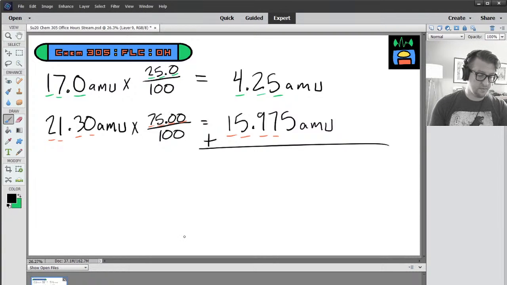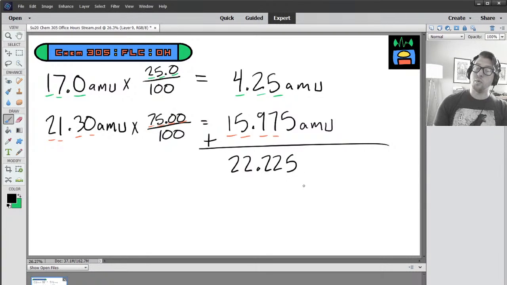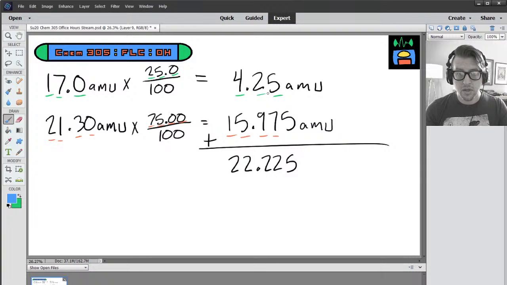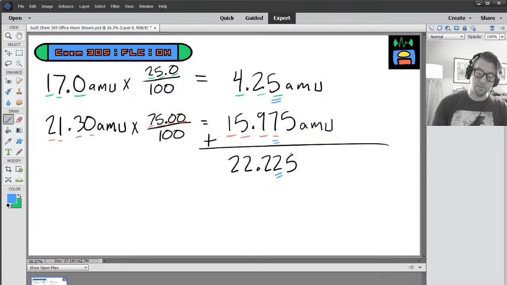Now let's add these two together. 15.975 plus 4.25 comes out to be 22.225. Now, when you apply the rules for significant digits, one thing you'll notice is both of these numbers have their last significant digit in the second decimal place, which means that we have to round our answer to the second decimal place, and 5 rounds up.